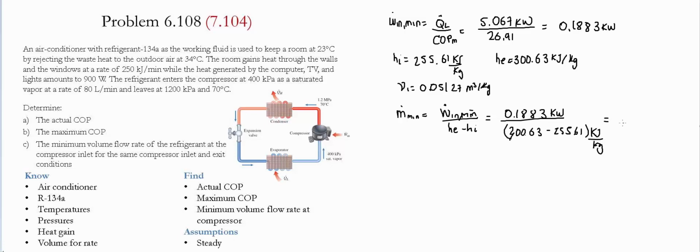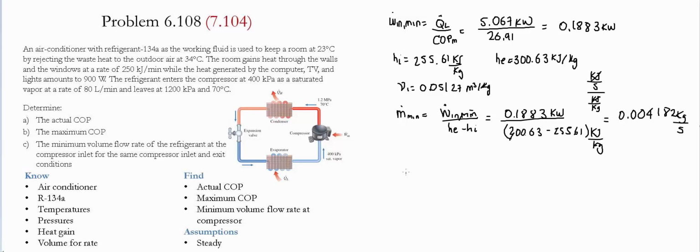This gives us 0.004182. Let's work on the units. Kilowatt is kilojoules per second, and this is kilojoules per kilogram. Notice kilojoules and kilojoules cancel.